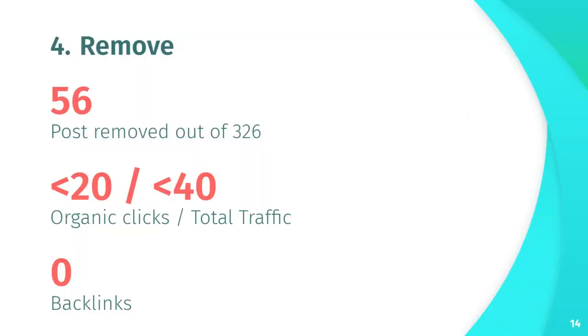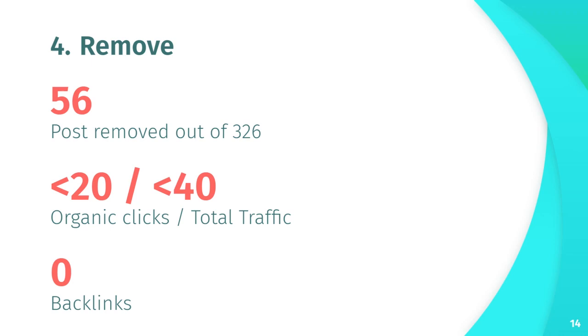And finally, out of the more than 300 blog posts that we had in our blog, we realized that at least 56 of them, and we were quite conservative at that time, we needed to remove because they were not adding any value. When you do this analysis, you can put any threshold that you find convenient.